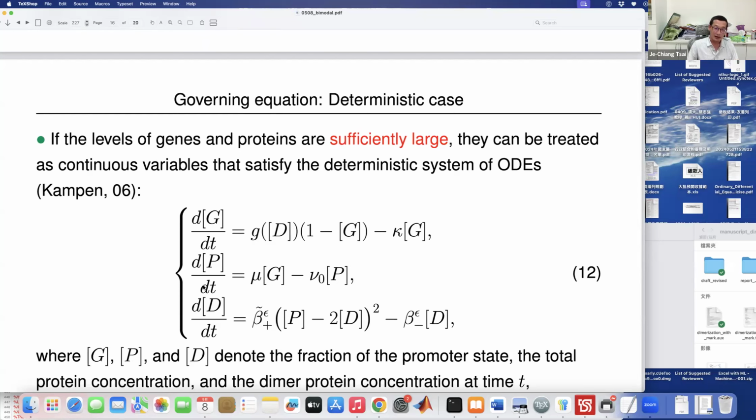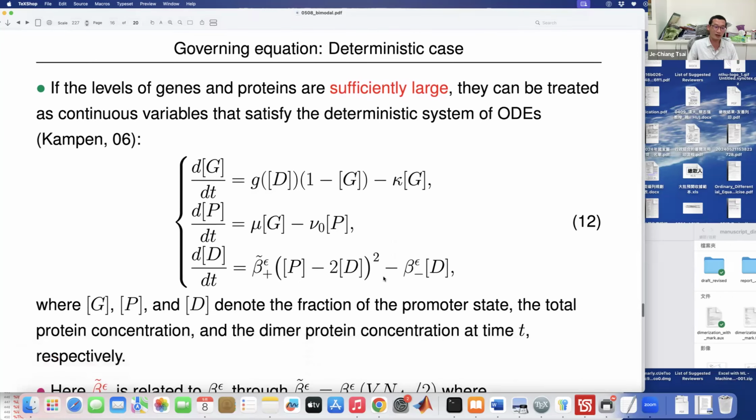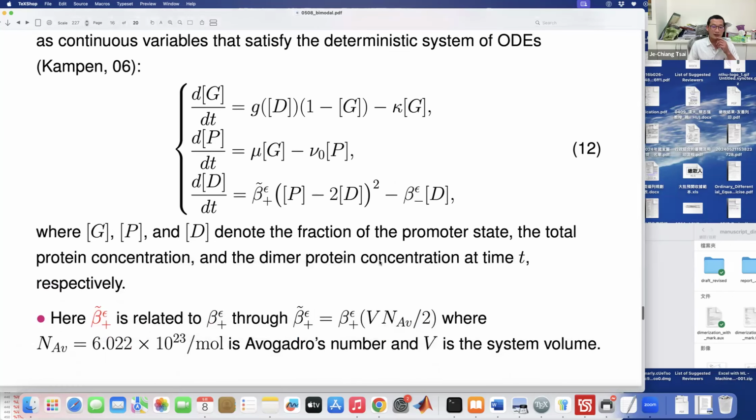The equations are given by this three-component ODE. Because it's an ODE, it's supposed to be easy to solve. Not easy, because we have a nonlinear term here, but anyway, we can solve for the steady state.